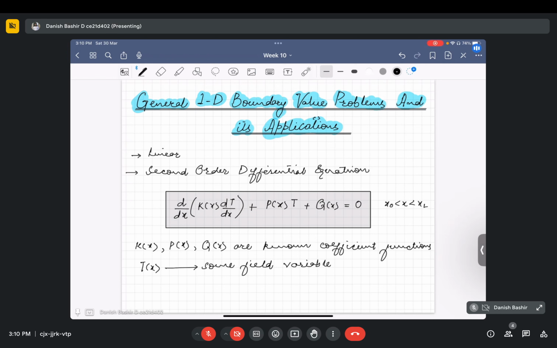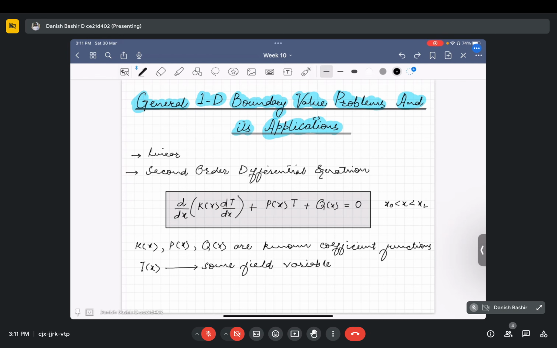Like in the bar problem, we saw that the axial displacement u was the field variable. In beam bending problems, we saw that the transverse displacement, downward or upward, that is v, was the field variable. So here we are generalizing it with T of x as some field variable.